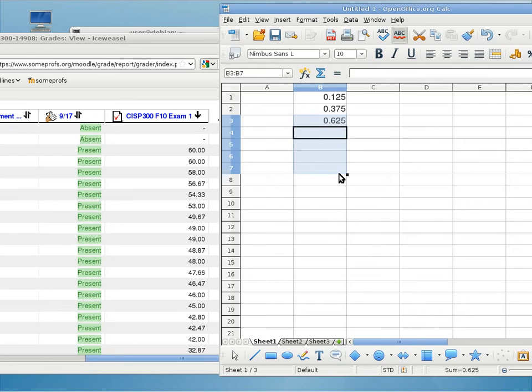5/8, 5/8, 7/8. And we have 60 points for the whole thing, so you multiply 60 by the ratio.